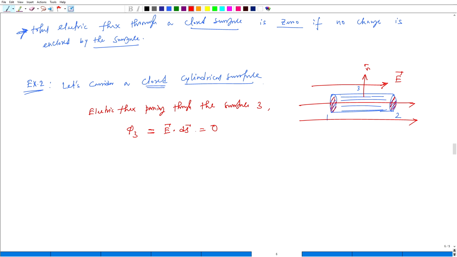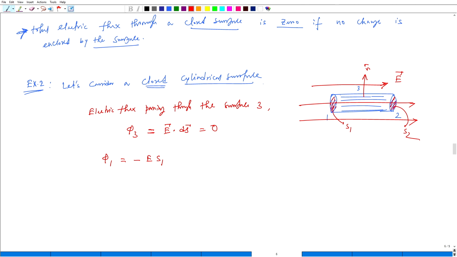So the electric flux passing through the surface 1, denoted phi 1, becomes minus E S1, if we consider the area of the surface 1 as S1, and the area of the surface 2 as S2. So it is minus E times S1. Why is there a minus sign?